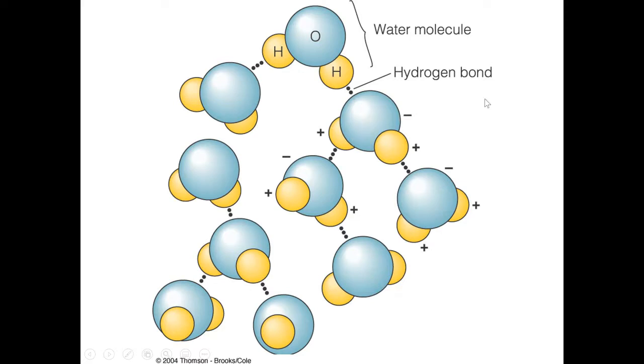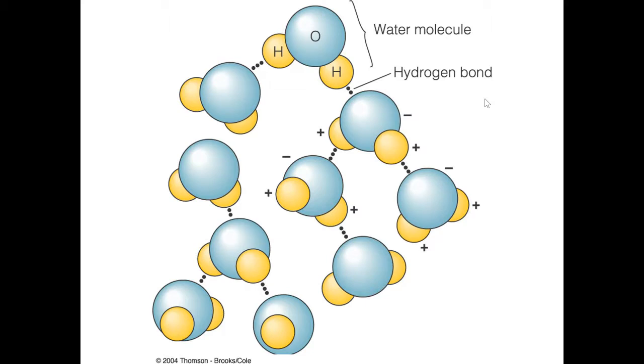That uneven distribution of charge, plus the hydrogen being smaller than the oxygen, plus the fact that there's 2 hydrogen and 1 oxygen covalently bonded, allows for really unique properties that the polarity represents. The next 5 or 6 slides are going to show you what that polarity means and what makes water so special because of it.